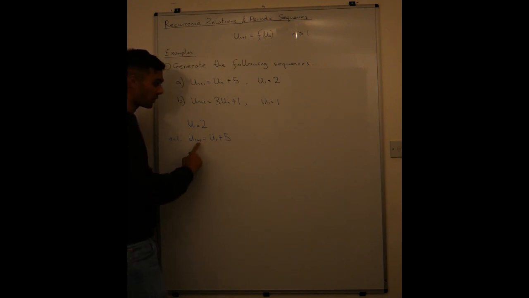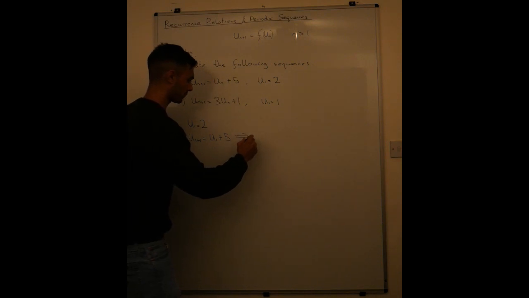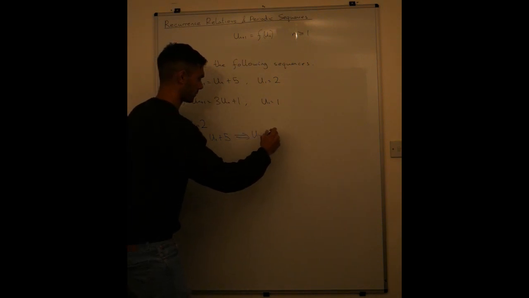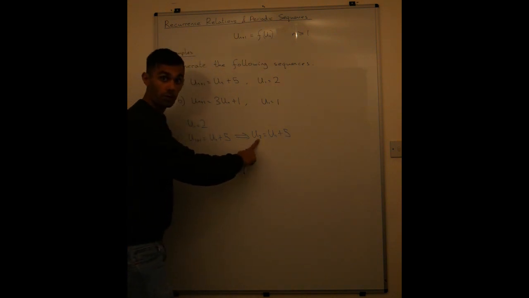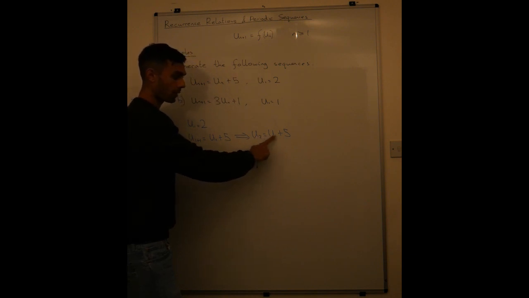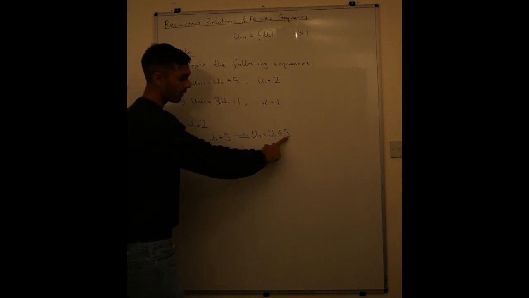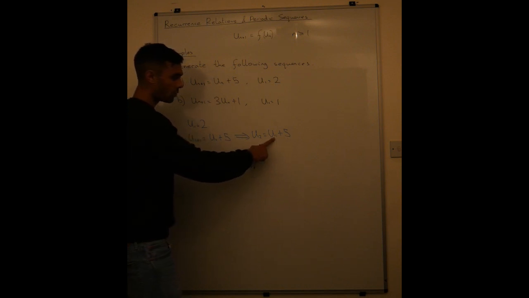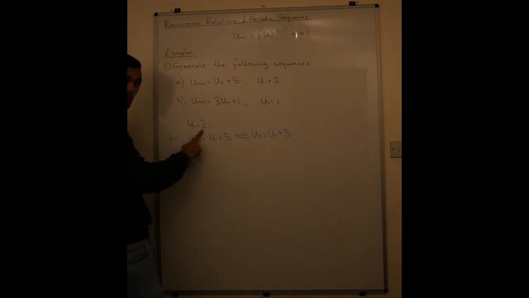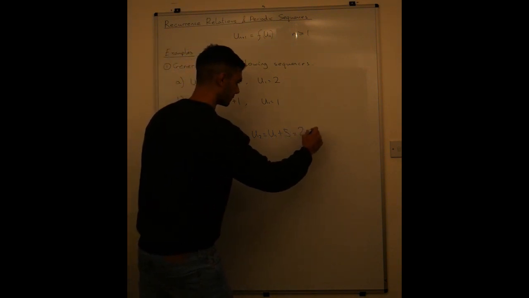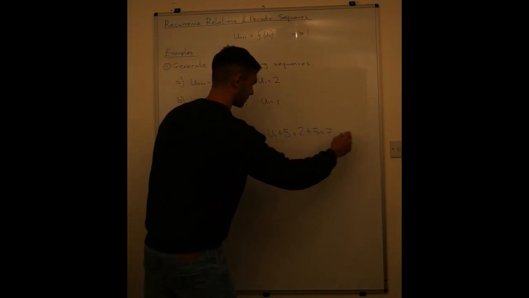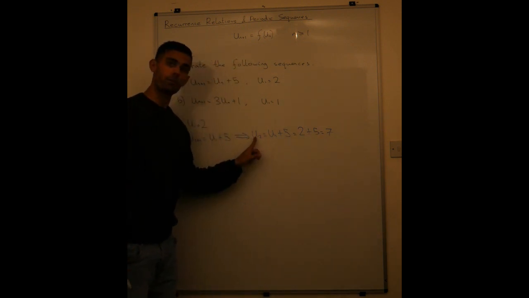It's actually u2, which is useful because u2 is what we're trying to work out, the second term. And we're told to work out this term, you take u1 and add 5. u1 is 2. So u2 is 2 plus 5, which is 7. Brilliant. And we've got u2.